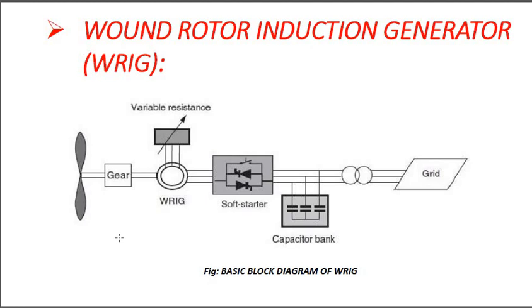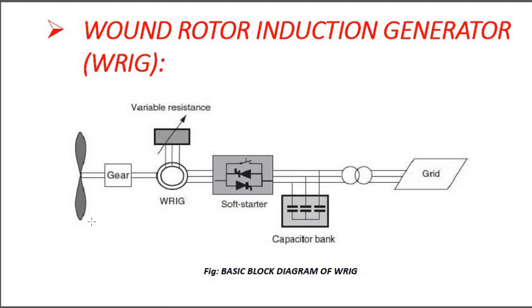This type of induction generator is the same as the SCIG, but the only change is the rotor type: the squirrel cage rotor is replaced by a wound rotor or slip ring type rotor, and the slip rings of this wound rotor are connected with a variable resistance for variable power output. All the other blocks are the same as in the squirrel cage induction generator. So we can control the output power by this variable resistance.